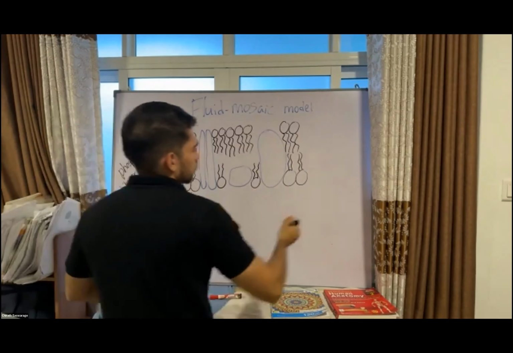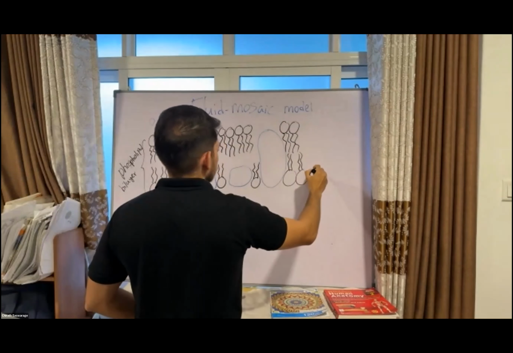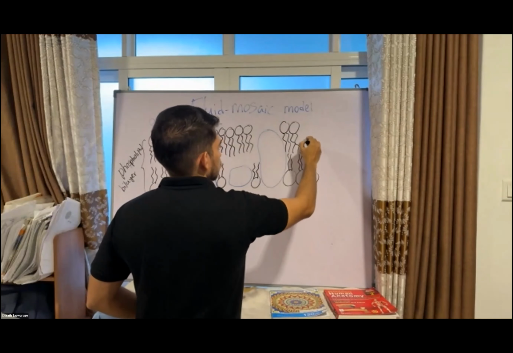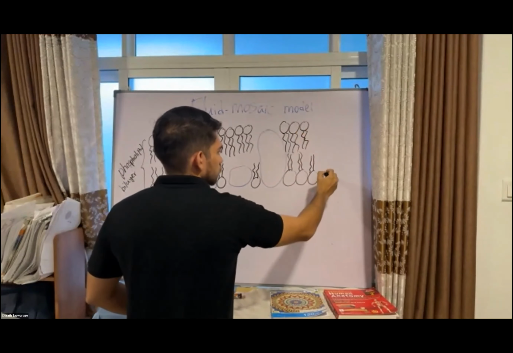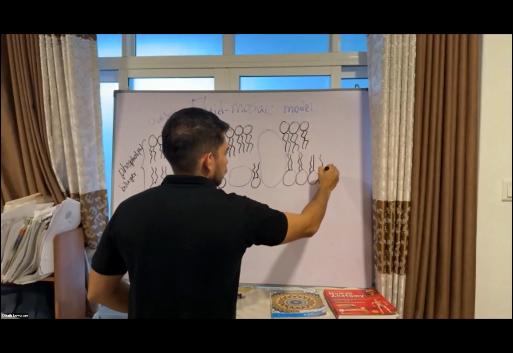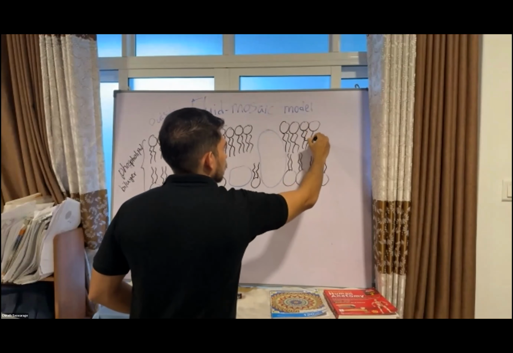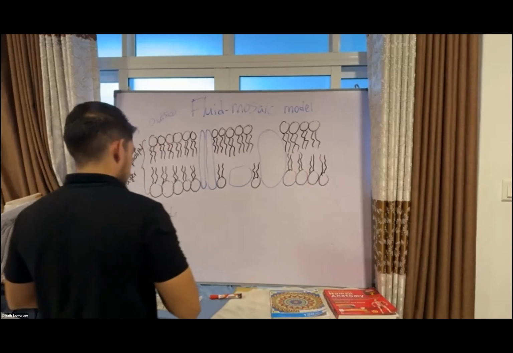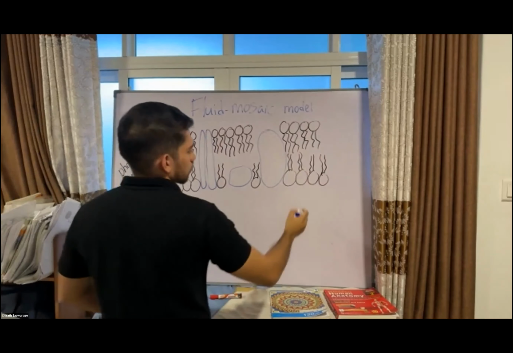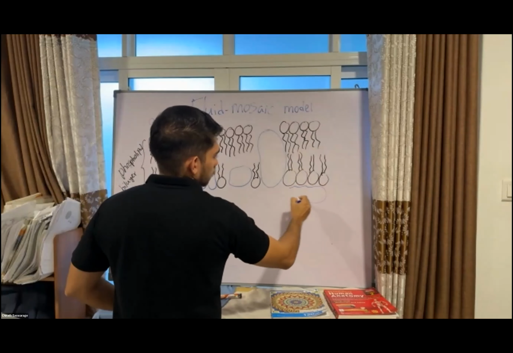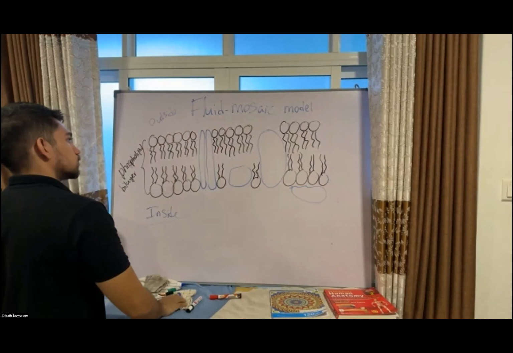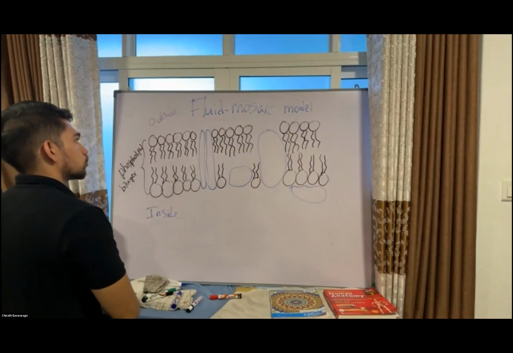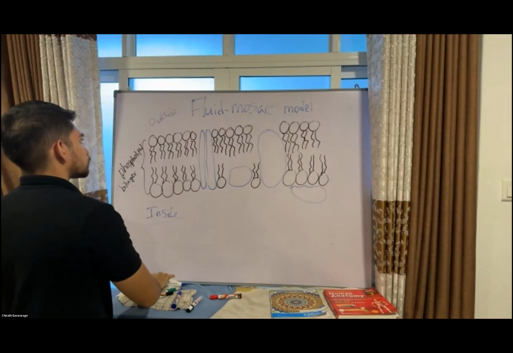And I'll draw another type of protein. There are different types of proteins, okay? I'll draw another protein here that is called a peripheral protein. So this is what you are supposed to draw.